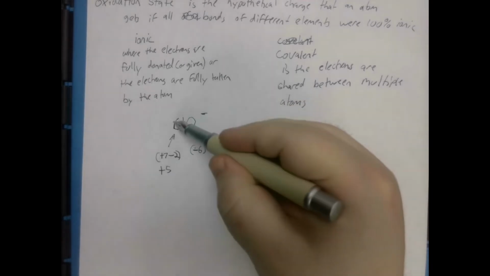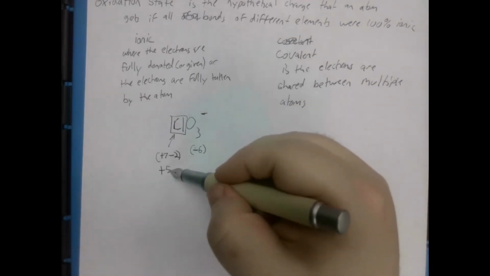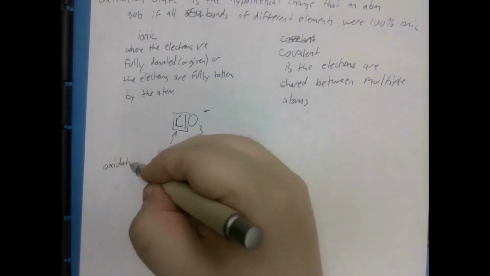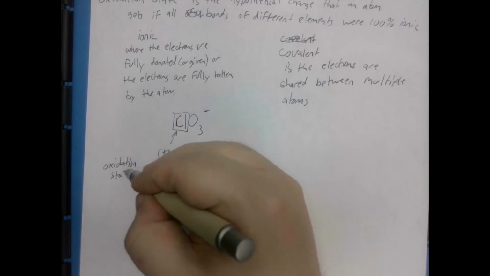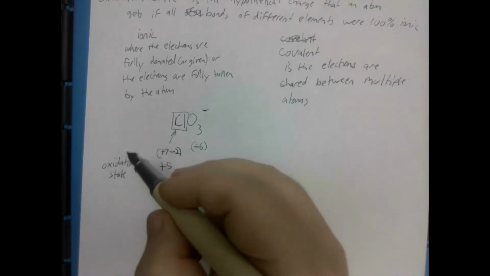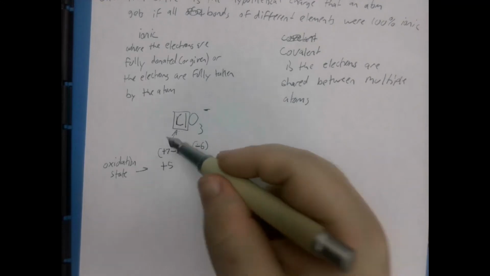This does not mean that the chlorine atom has a charge of +5. This is the oxidation state. Usually I will say it has a charge of +5 for ease of thinking, but this is the hypothetical charge if we assume that all the electrons were completely given up.